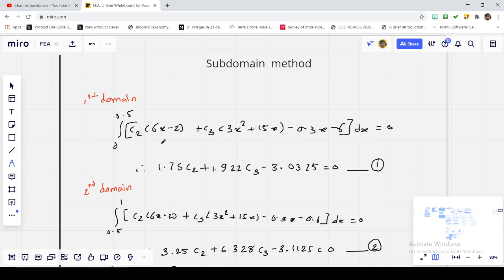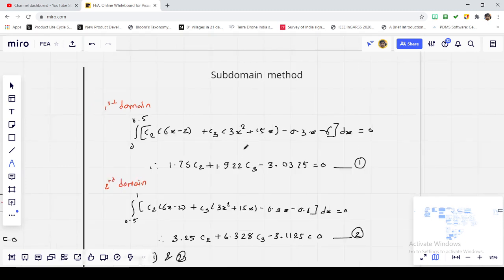If my domain is from 0 to 1, which is the weighted integral form, I divided it into 0 to 0.5 as my first equation and 0.5 to 1 as the second equation, and substitute those limits and get two equations, two unknowns. So this is basically your subdomain method. I hope you get an idea about how to get into the subdomain method.